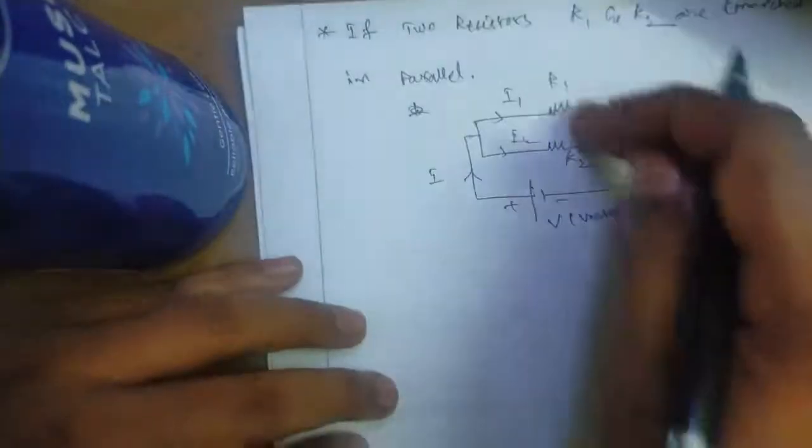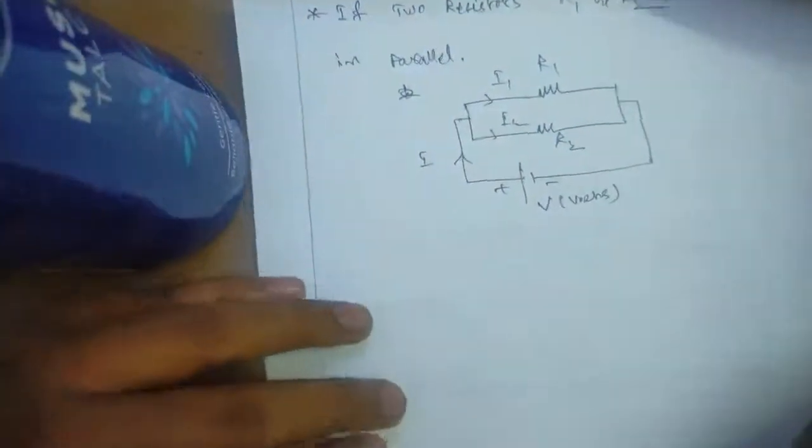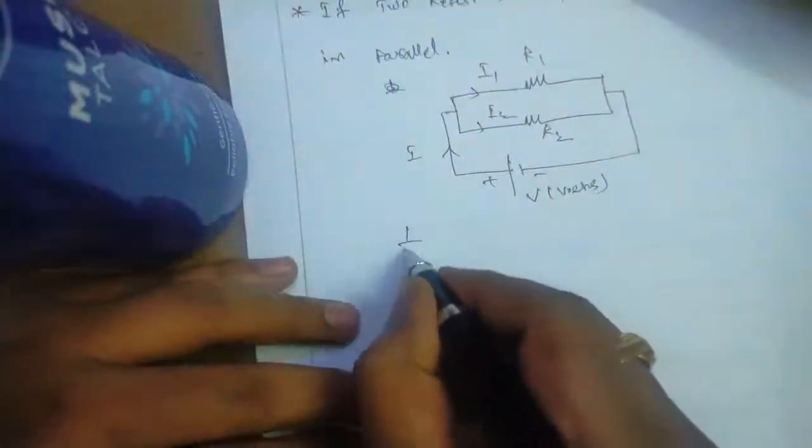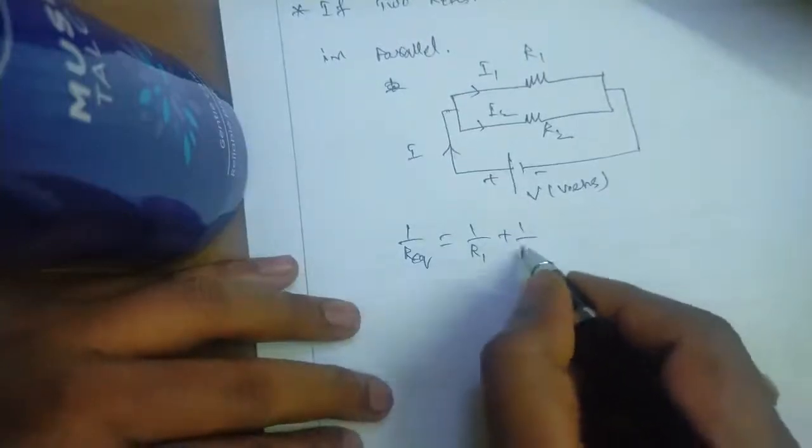If two resistors R1 and R2 are connected in parallel, in the sense, from this previous expression, we get 1 by R equivalent is equal to 1 by R1 plus 1 by R2.